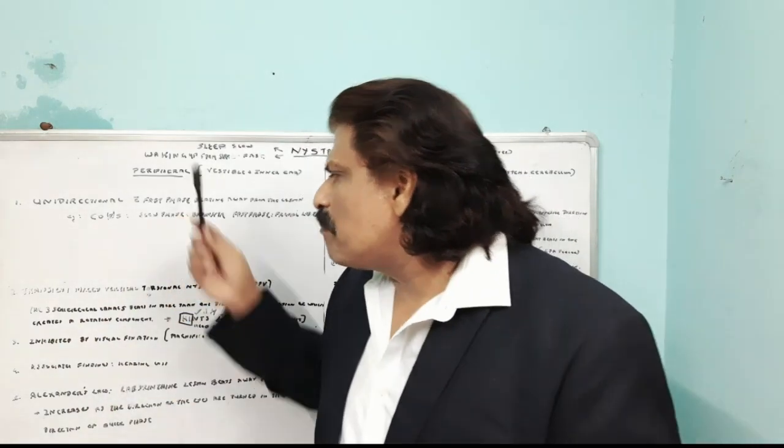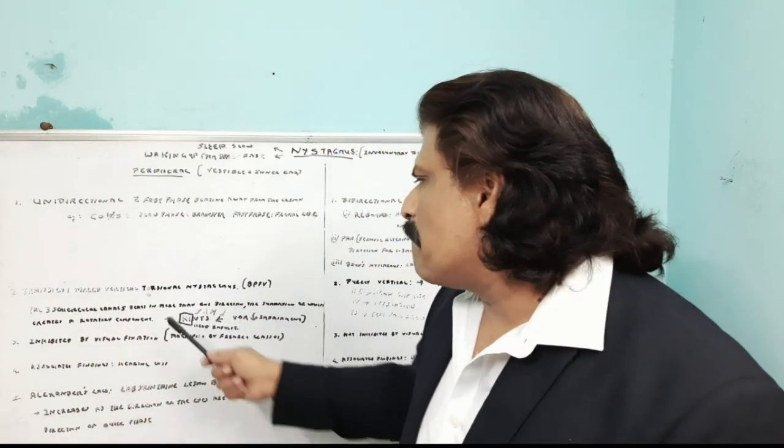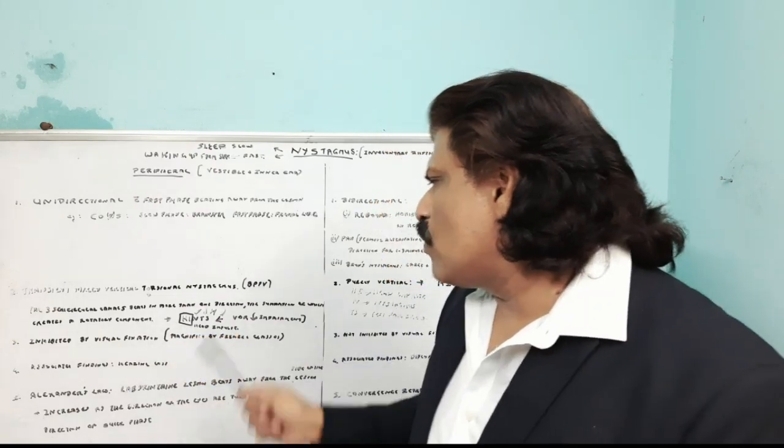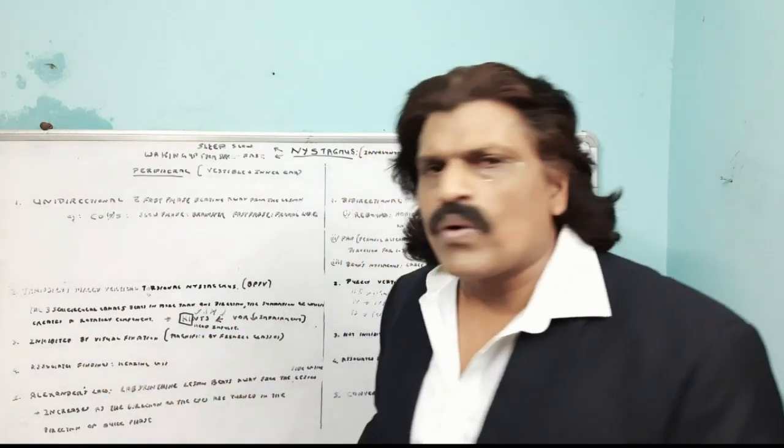So when you don't see a pure horizontal or a pure vertical, but it is a mix of all the three directions component and it is a rotatory or torsional, it is more likely to be a peripheral cause of nystagmus. So the three semicircular canals beat in more than one direction, the summation of which creates a rotatory component.